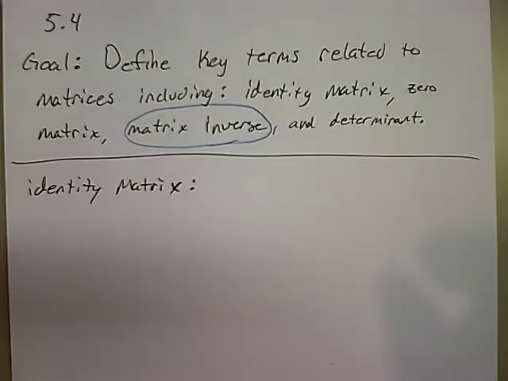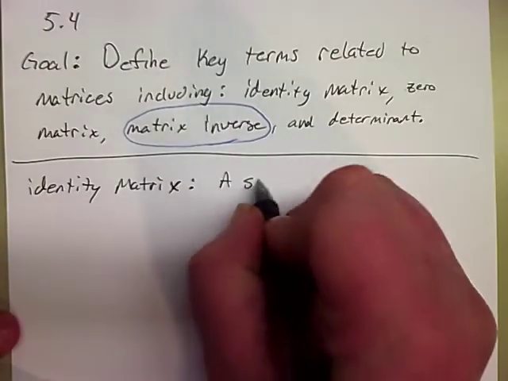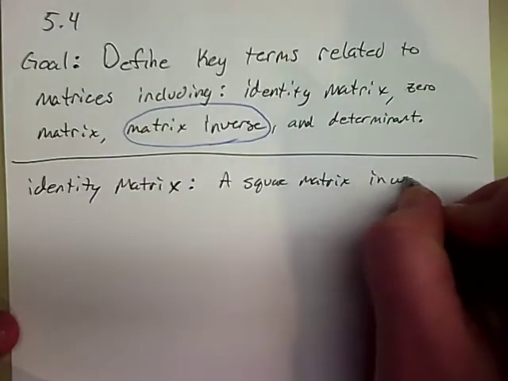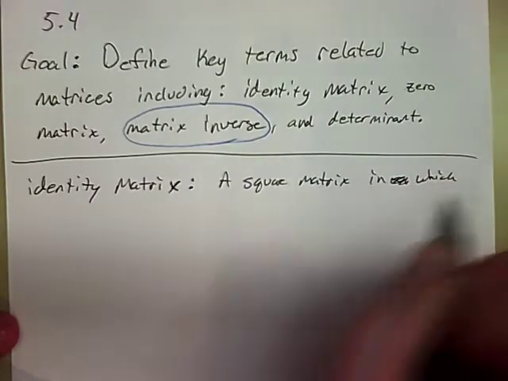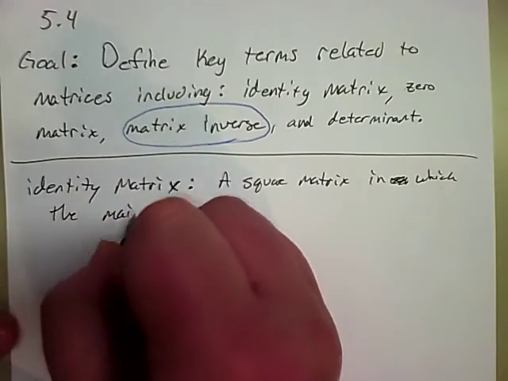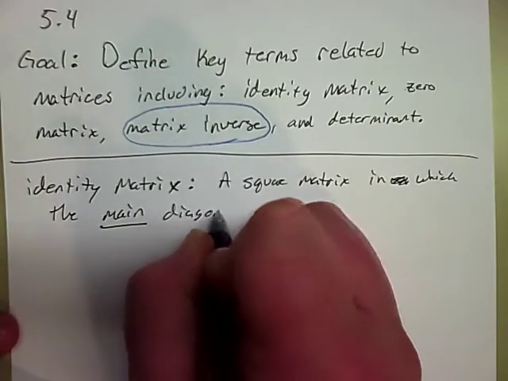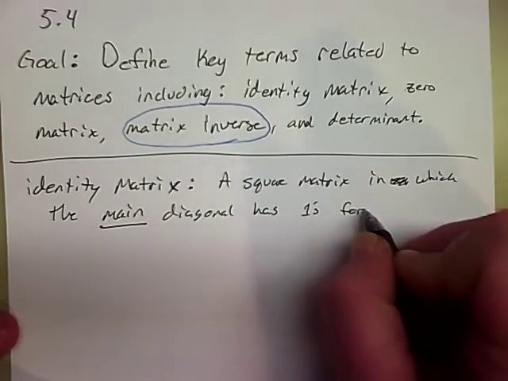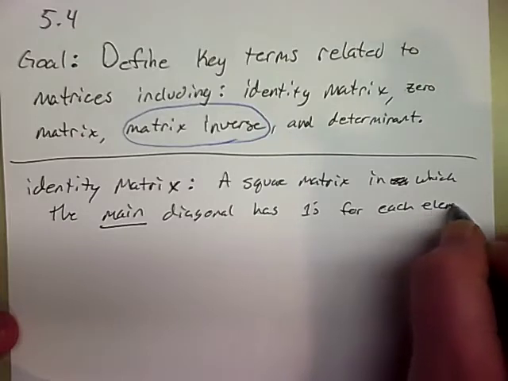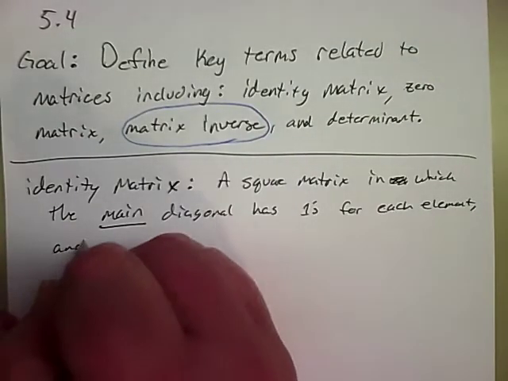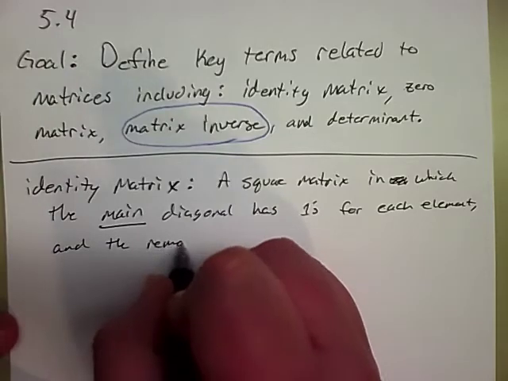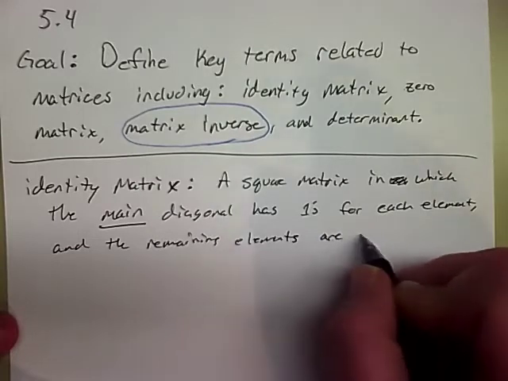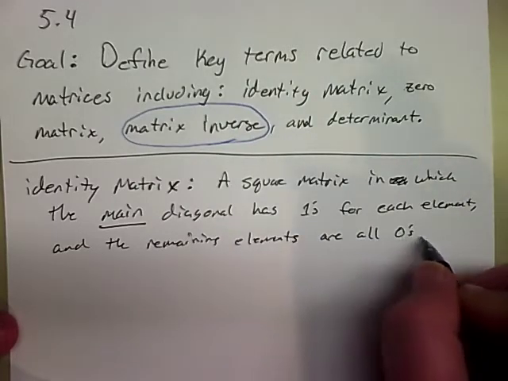An identity matrix is a square matrix in which the main diagonal has ones for each element, and the remaining elements are all zeros.